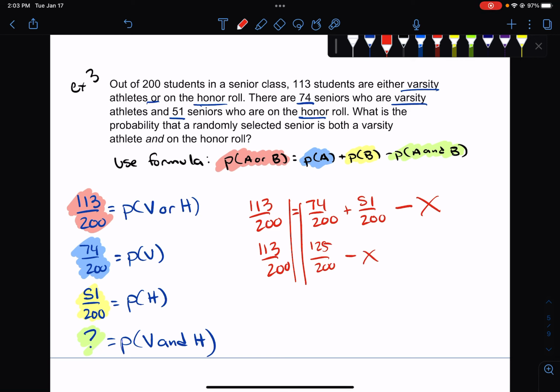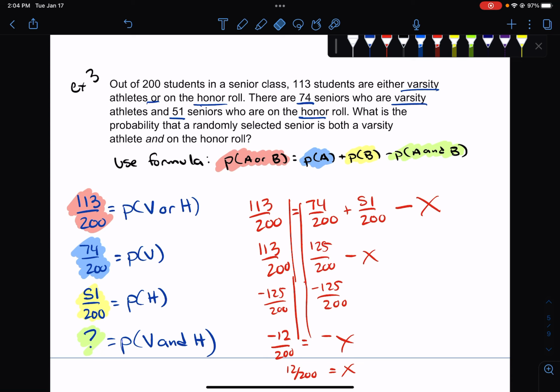Now I want to get X by itself, so let's move this 125 over 200. I'm going to subtract that to this side, minus 125 over 200. So 113 minus 125 is negative 12 over 200 equals negative X. And since they're both negatives, I can rewrite that as 12 over 200 equals positive X, which was my unknown piece that I needed.